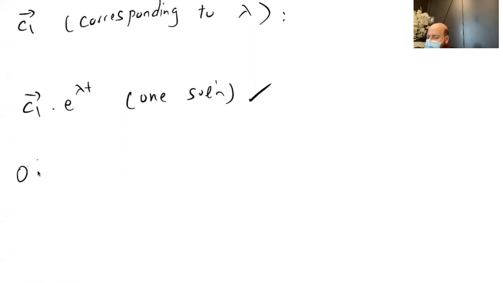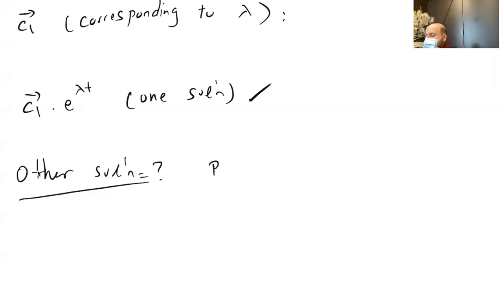So what about the other solution? Based on what we have seen before, in the case of repeated, well, in this case it's eigenvalue, but previously we talked about repeated roots, we saw that we can multiply with t. We can consider the first solution and then multiply it with t. So C1 e to the power lambda t is one solution. Now, what happens if I multiply it with t? Do I get a new solution?